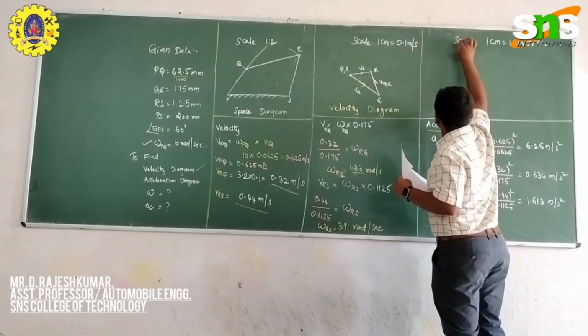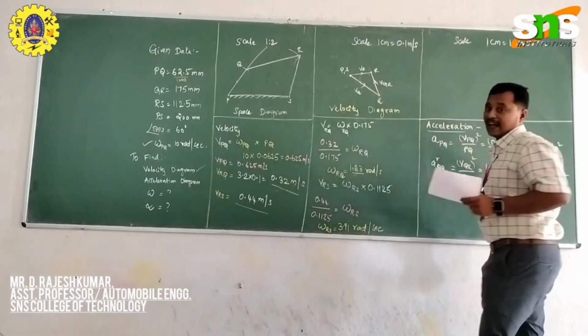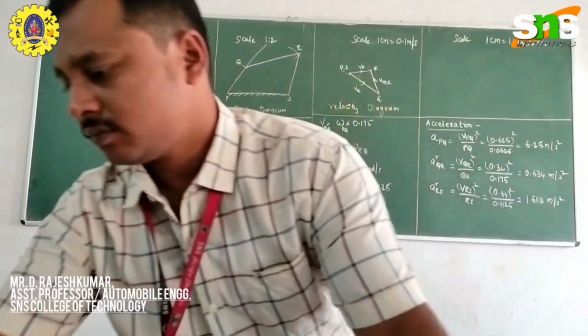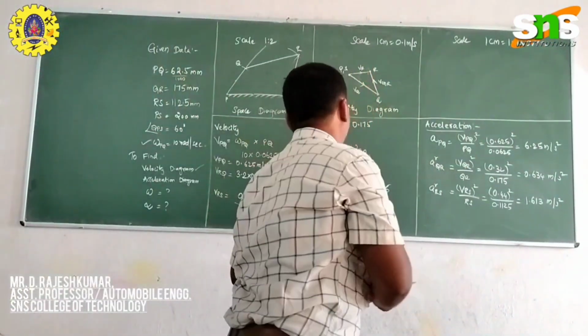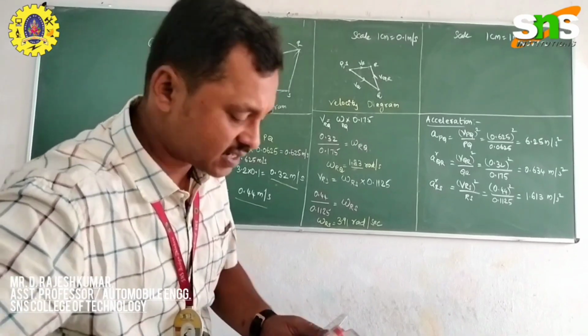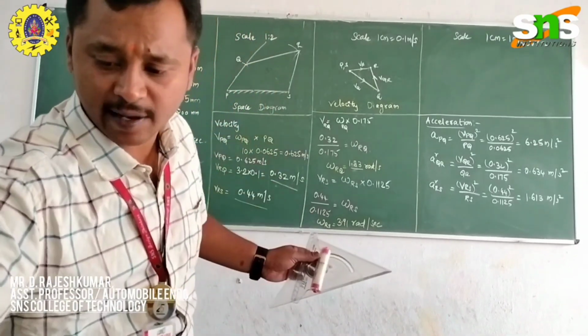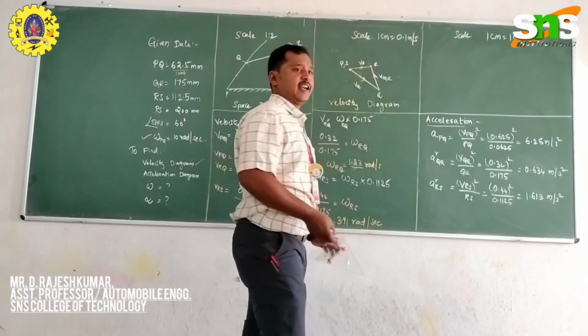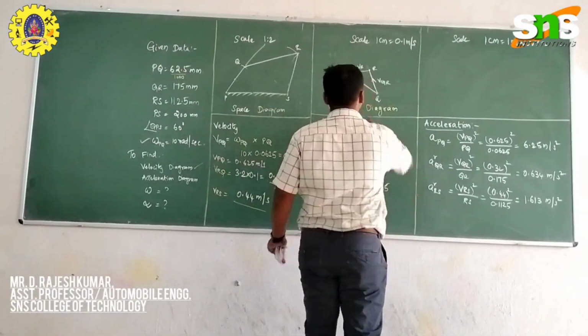This is my scale for the acceleration diagram. How will you draw the acceleration diagram? The acceleration diagram can be drawn by constructing a perpendicular line to the velocity diagram.